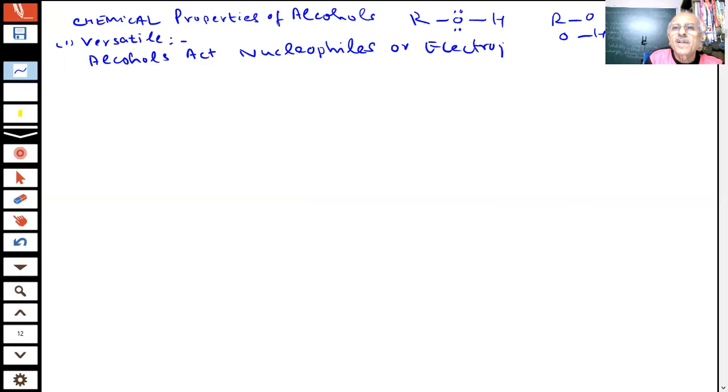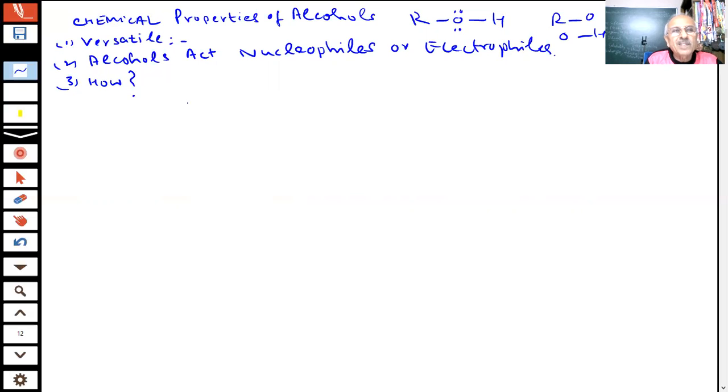Important. The question is: how will you show that alcohols can act as nucleophiles and as electrophiles? How will you prove it, student?